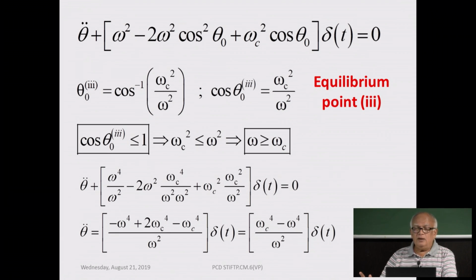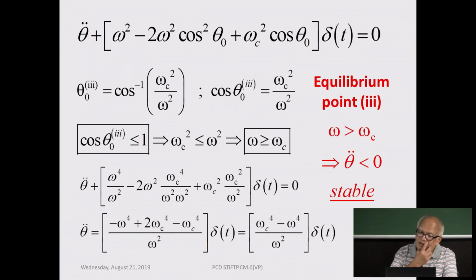However, the possibility of it being an equilibrium below the critical speed does not even arise. If it is at equilibrium at all, it has to be above that critical angular speed. So, omega must be greater than omega c, which means that theta double dot has to be negative, and this will be a stable equilibrium.